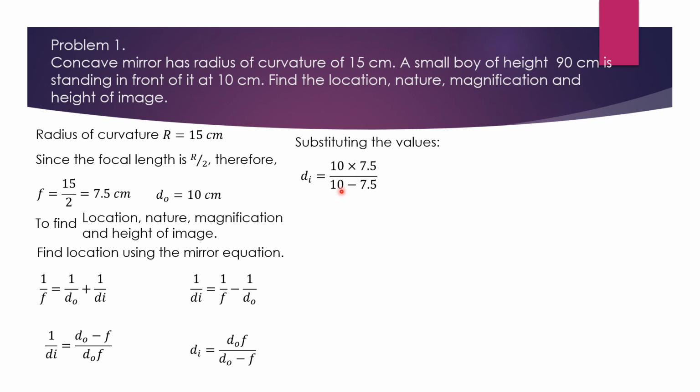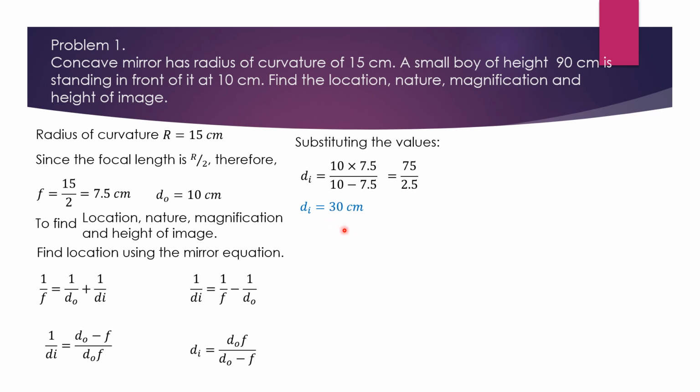Now substituting the values, 10 is my distance of the object, 7.5 is my focal length, 10 minus 7.5 in the denominator. This makes it 75 over 2.5, which calculates to 30 centimeter. So the distance of the image is 30 centimeter from the mirror.